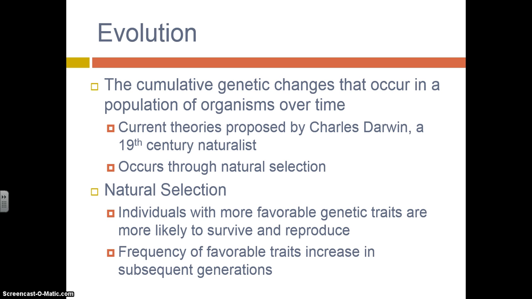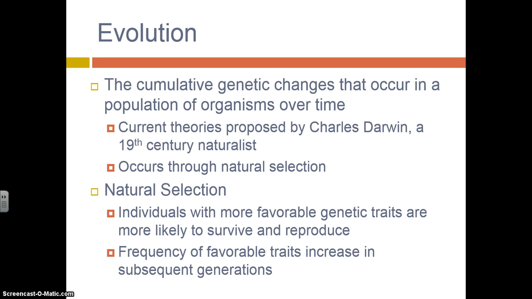Those who have the genetic makeup to be able to survive the environmental stressor, those are the organisms that are going to live on. And the ones that don't have the necessary characteristics, they're not going to live on.